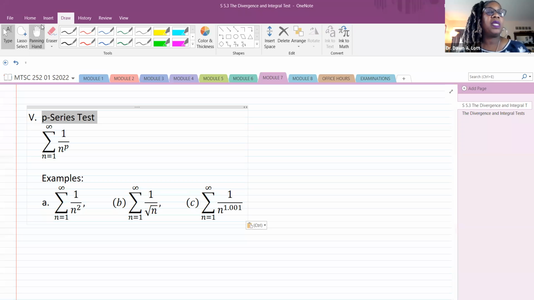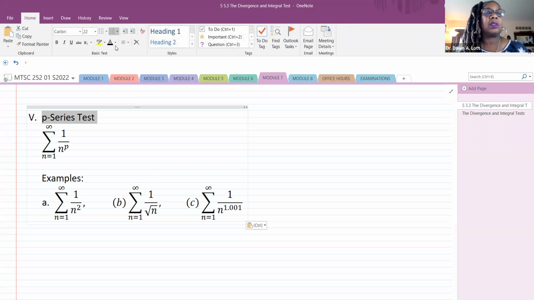You will know something is a P-series because it will look like the sum from n equals 1 to infinity of 1 over n to the p.